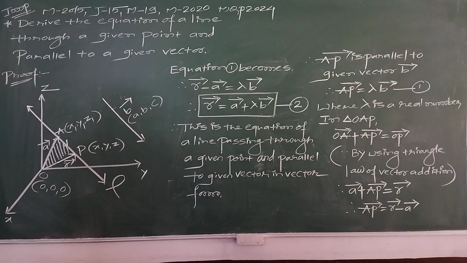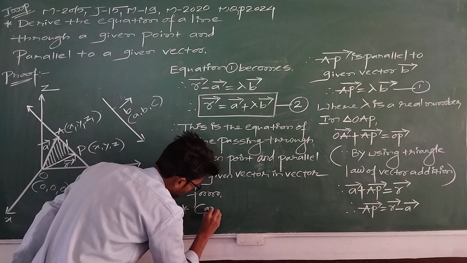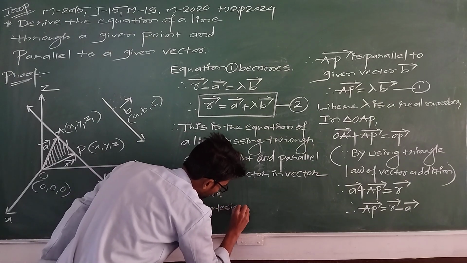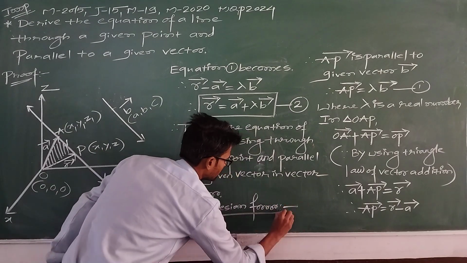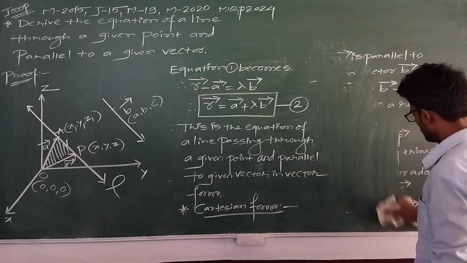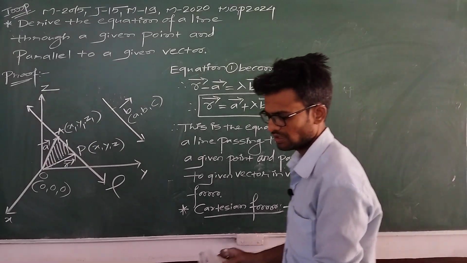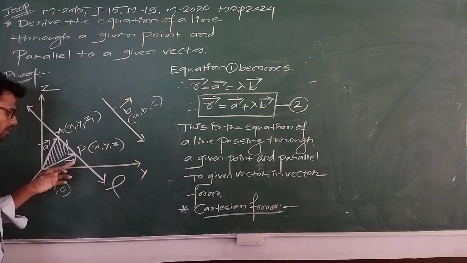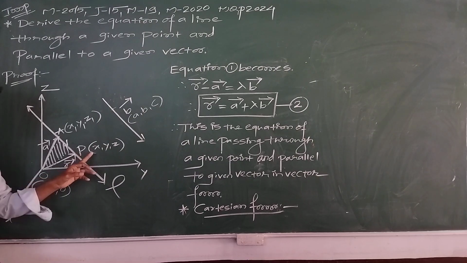Next, let us go for the Cartesian form. See the coordinates of the point P. The coordinates of the point P are x, y, z.